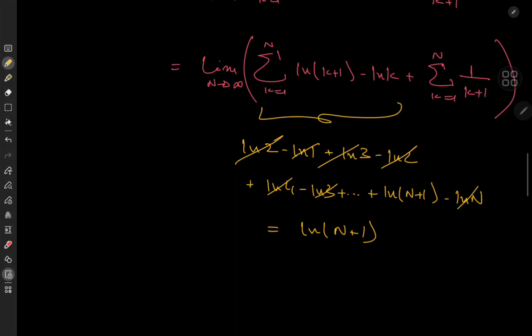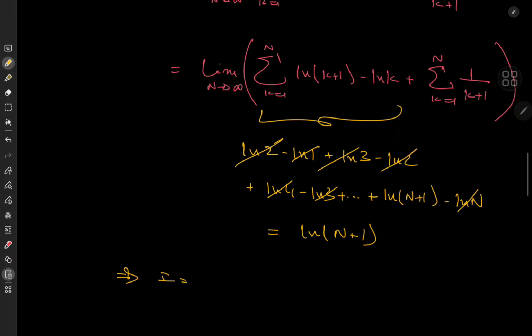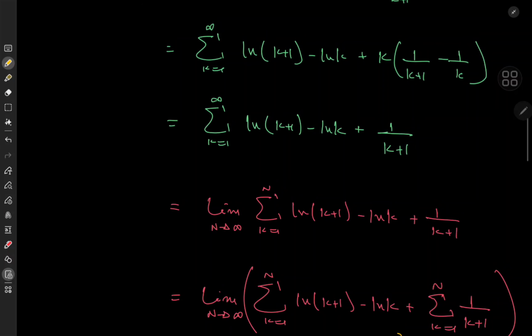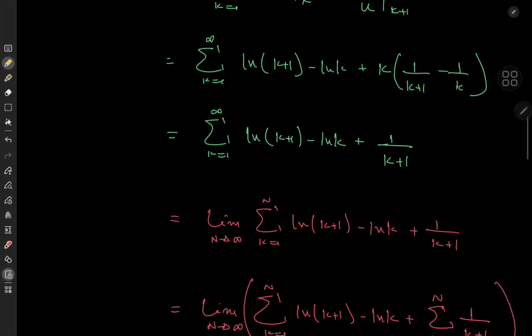And now we'll return to the target integral, that is I, which is the limit as n tends to infinity of log of n plus 1 minus the... I seem to have made some kind of sign error. I am pretty sure of it. 1 over k plus 1 minus 1 over k. 1 over k is bigger. Oh, that should have been a minus 1 left behind as a residual.